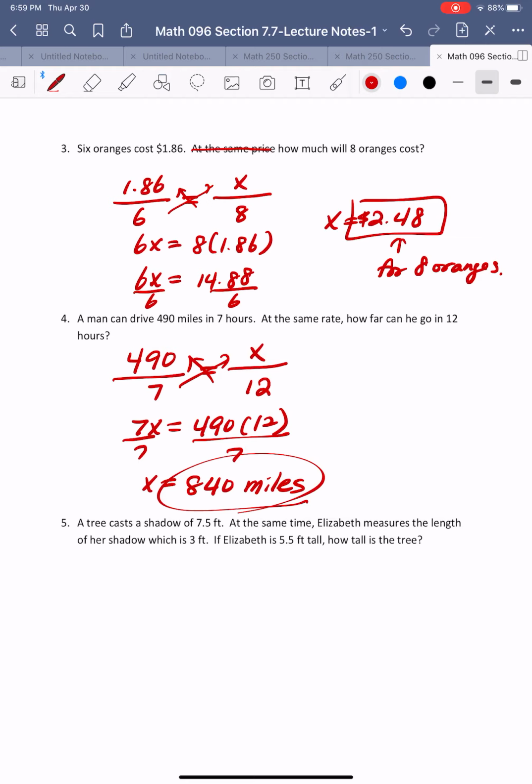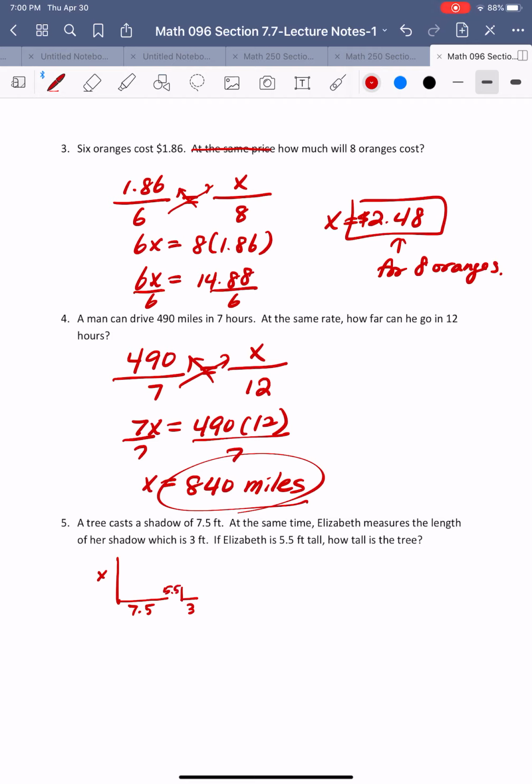All right, a tree casts a shadow of 7.5 feet, and at the same time, Elizabeth measures the length of her shadow, which is 3 feet. If Elizabeth is 5.5 feet tall, how tall is the tree? So there's a tree and a human being. We are looking for the tree's height, and the tree's shadow is 7.5. For the human being, the shadow is 3 and the height is 5.5.